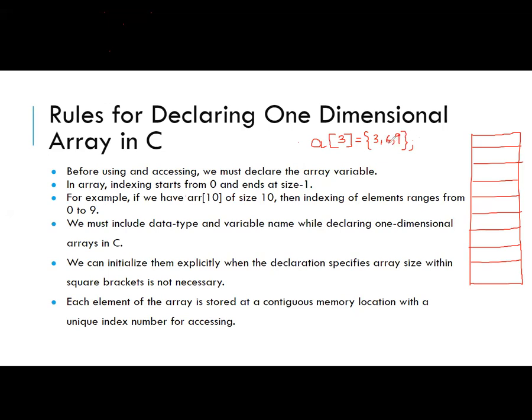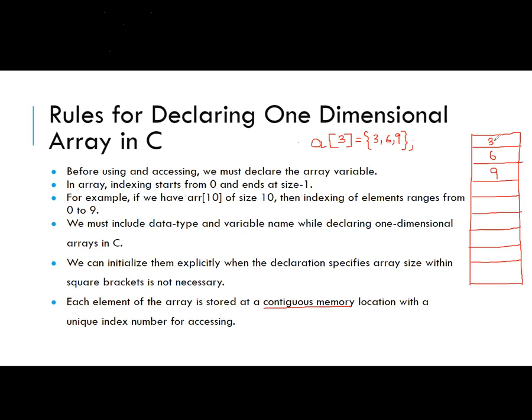Now these 3, 6, and 9 will be at some memory location, right? For example, if I say 3 is here, I cannot put 6 somewhere else. I have to put 6 right after it and 9 after that, in a continuous manner. What do you mean by contiguous memory?